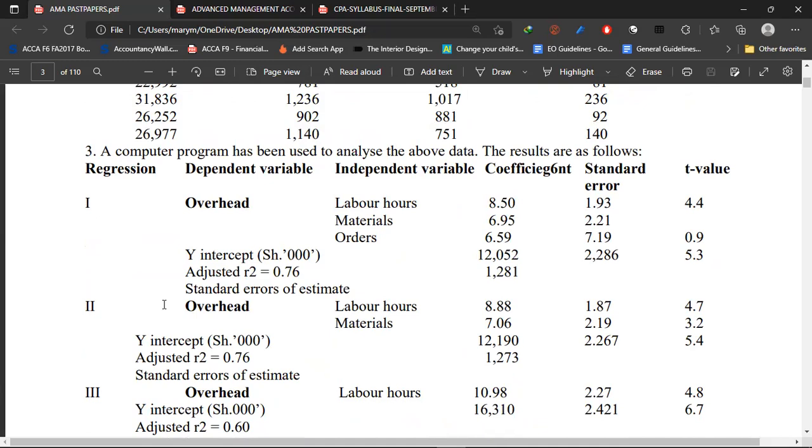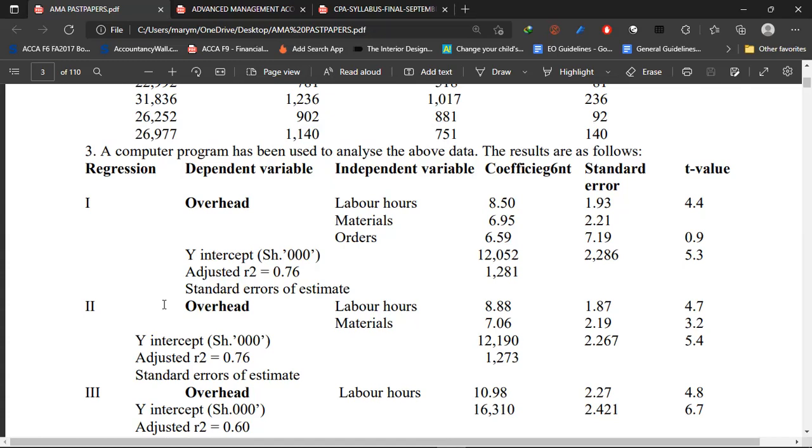We have our coefficients, the standard errors and the t-values. The coefficients you know very well, that is B1, B2 and so on. But we are not given our A in this scenario. You can see the overhead given on the side of the y, which is our y-intercept.